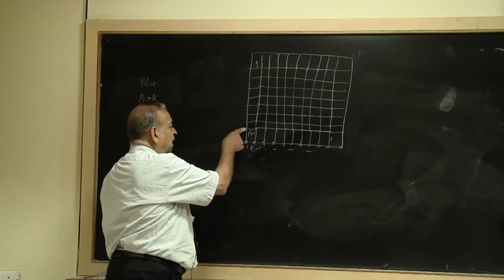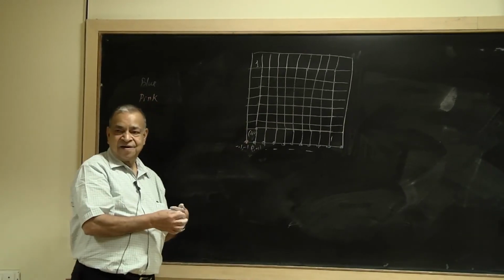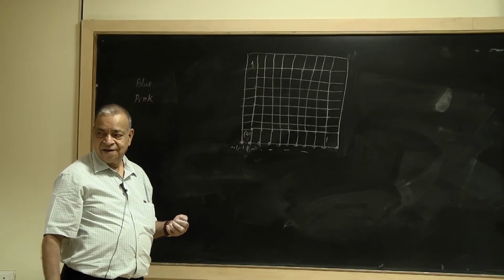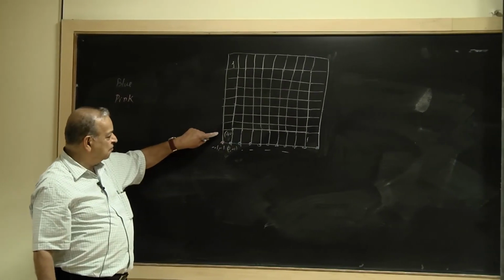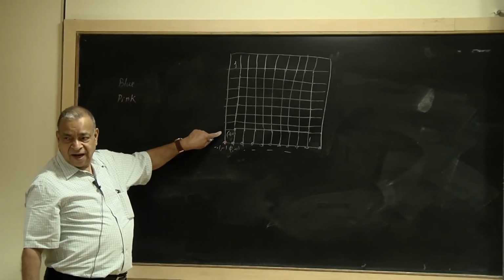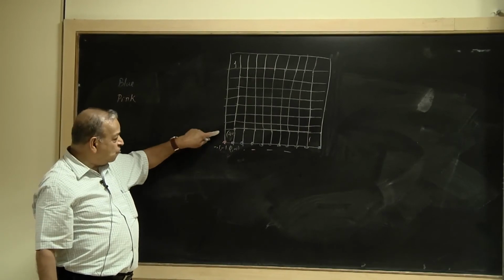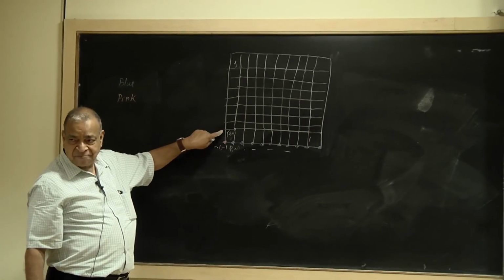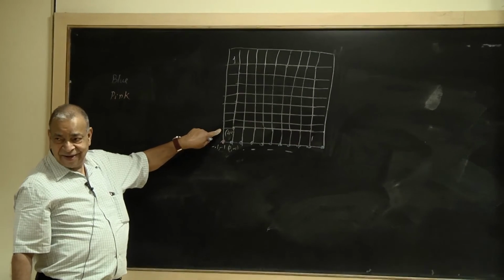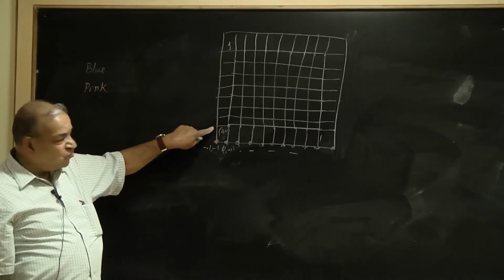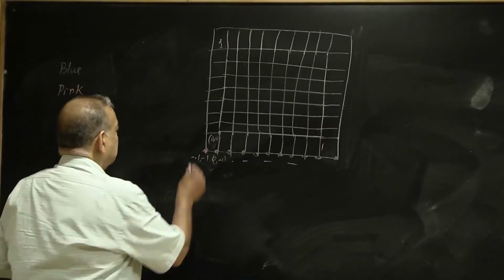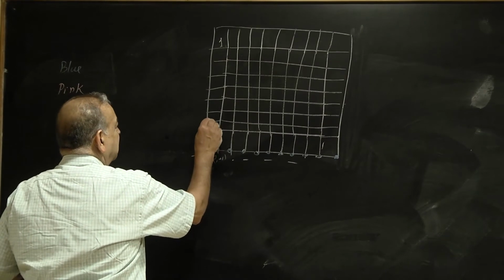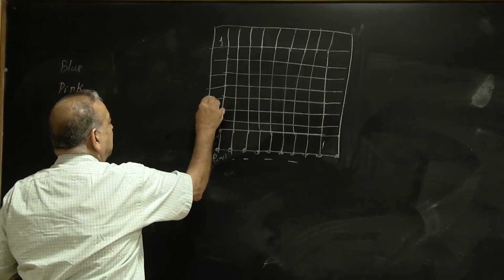Now what will be the color of this? This one has the least, but the first coordinate is still minus 0.1. Agreed? So this goes to the girl, girl, girl.